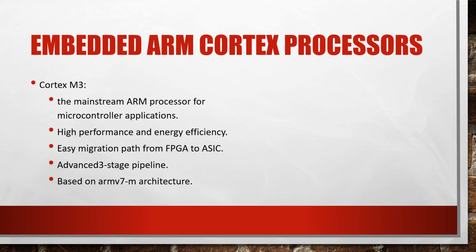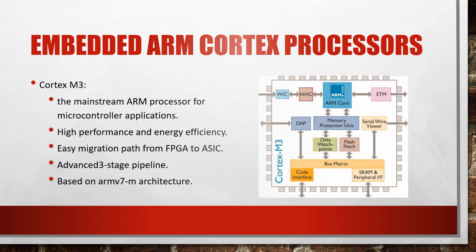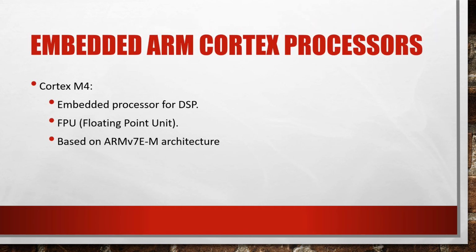And then we have M3, from FPGA to ASIC, and this Cortex uses ARM version 7, which has a three-stage pipeline. Then we have Cortex-M4 for embedded digital signal processing, which has the floating point unit and is based on the ARMv7E-M architecture.